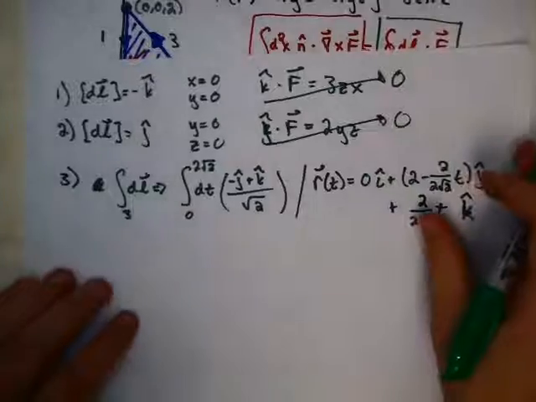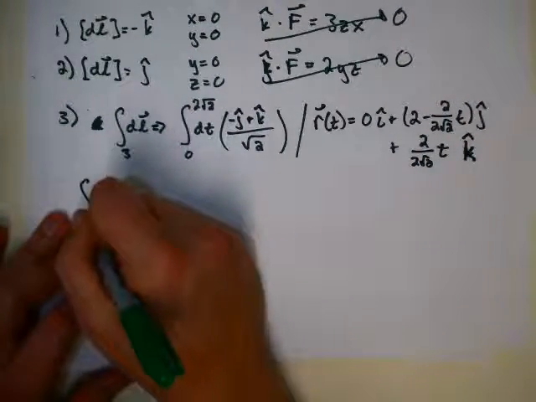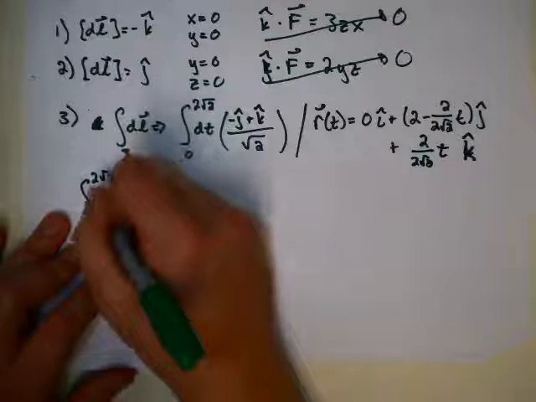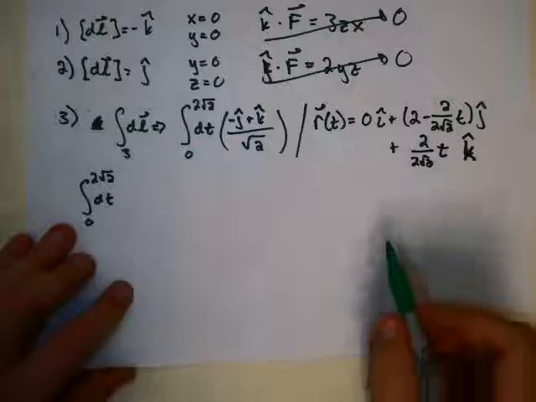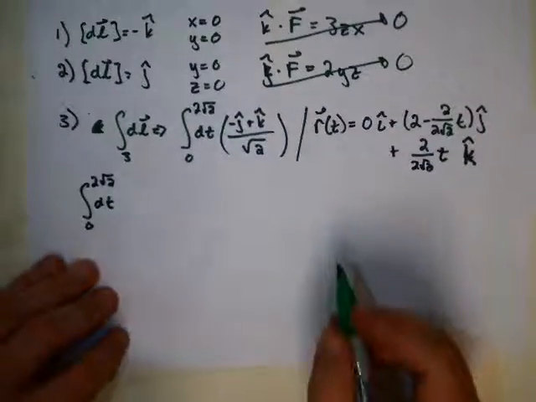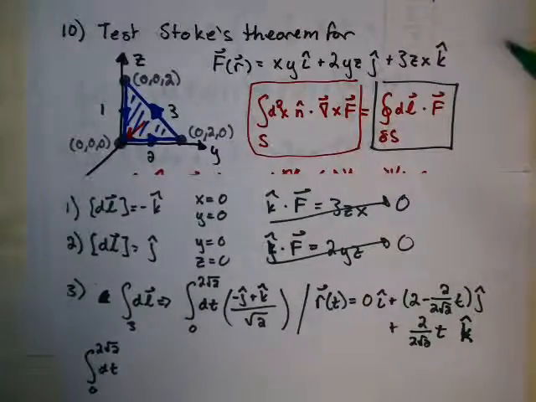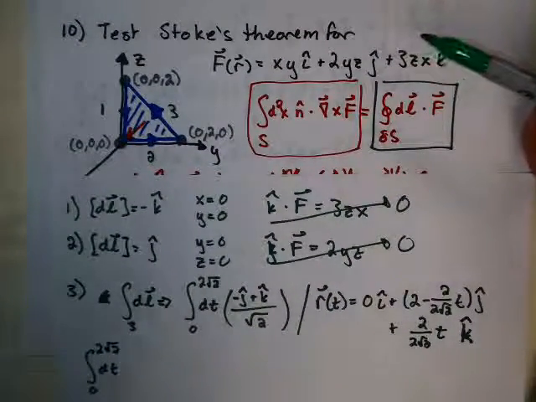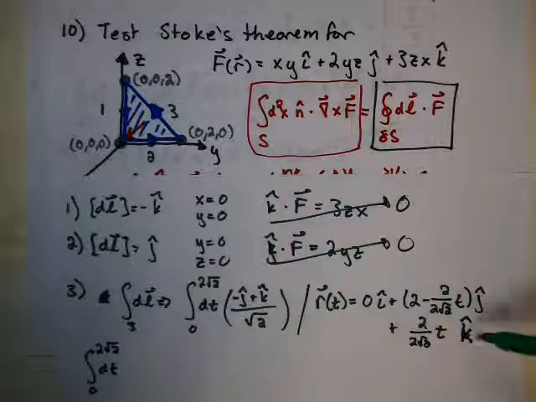And so this is the parameterization of the path in terms of arc length t. Going ahead and filling out the integral, we have the integral from 0 to 2√2 dt. And now we're going to get a little bit fancy. I'm going to get this k hat dot f.